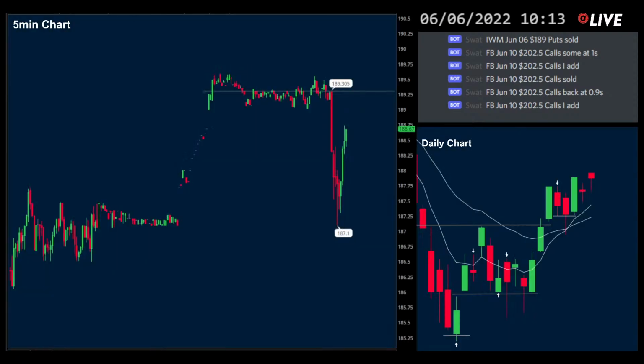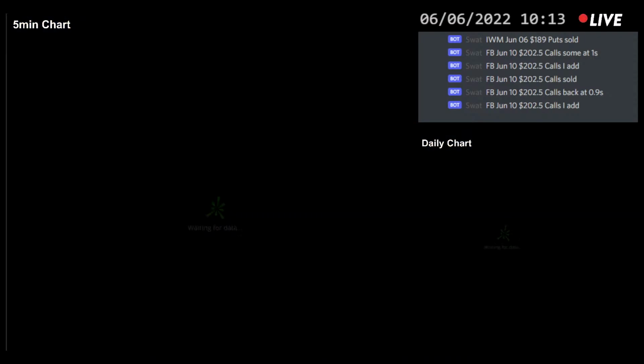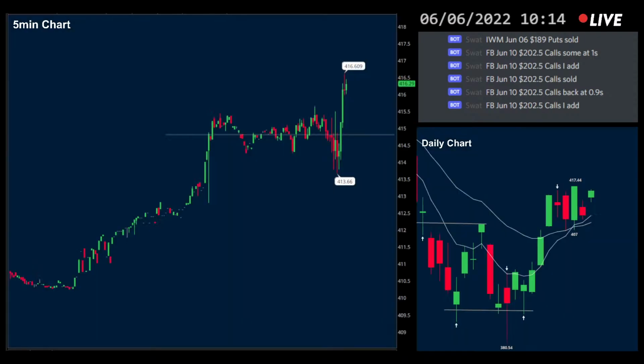So IWM bounced on that bull flow. Amazon, some bull flow on Amazon. Amazon that split today.